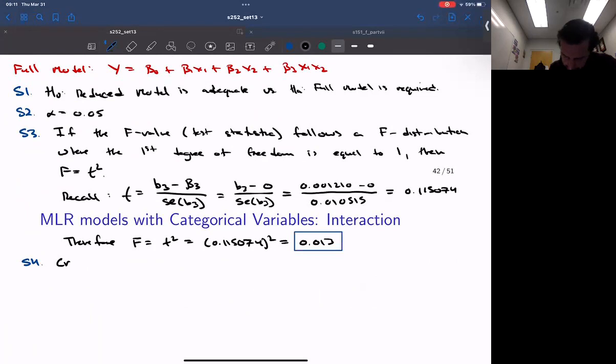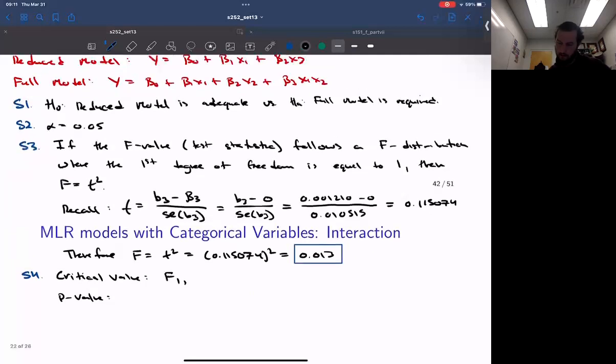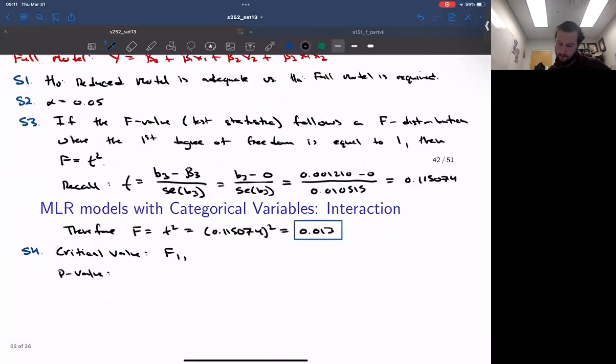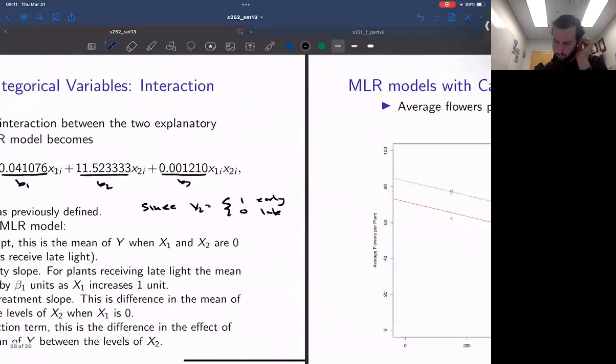Okay, so then if we take the critical value for the p-value approach, we're going to have 1, and then we're going to have the difference between them, and then we're going to have DFE for the full. So the DFE for the full is going to be the number of observations minus the number of model parameters minus 1.